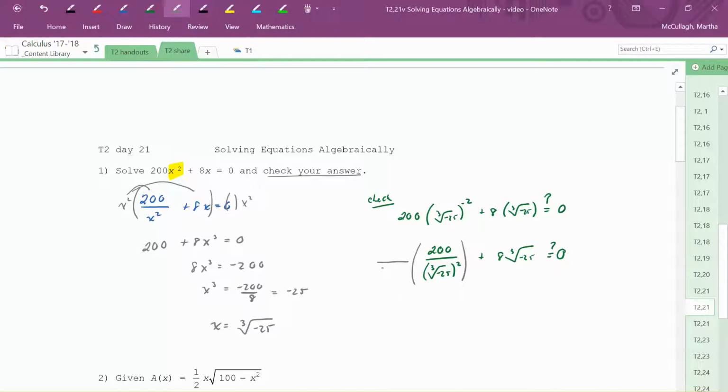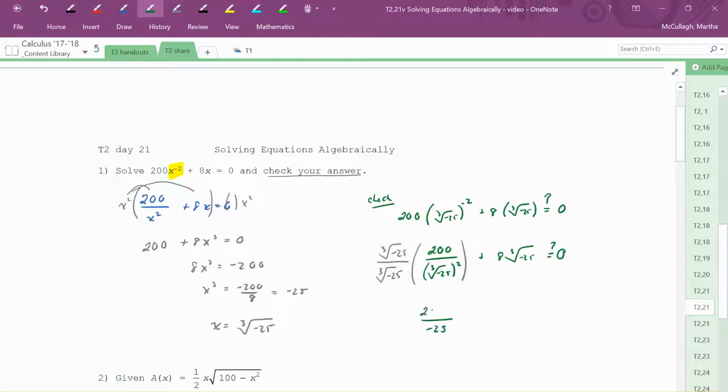I'm going to multiply by the cube root of negative 25 over itself, because I've got the cube root of negative 25 squared here. If I multiply by another cube root of negative 25, I'll have the cube root of negative 25 cubed. Cube root cubed gives me just the negative 25 in the denominator.